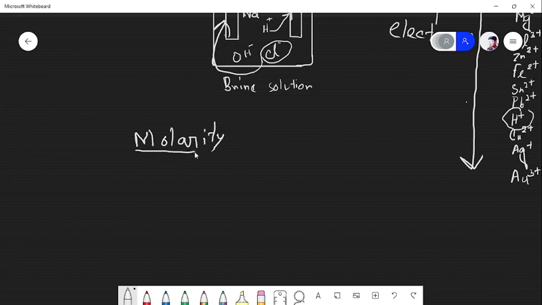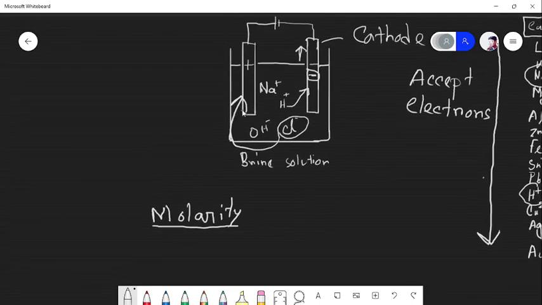The substance which has more molarity, or concentration, tends to go first to make the reaction.